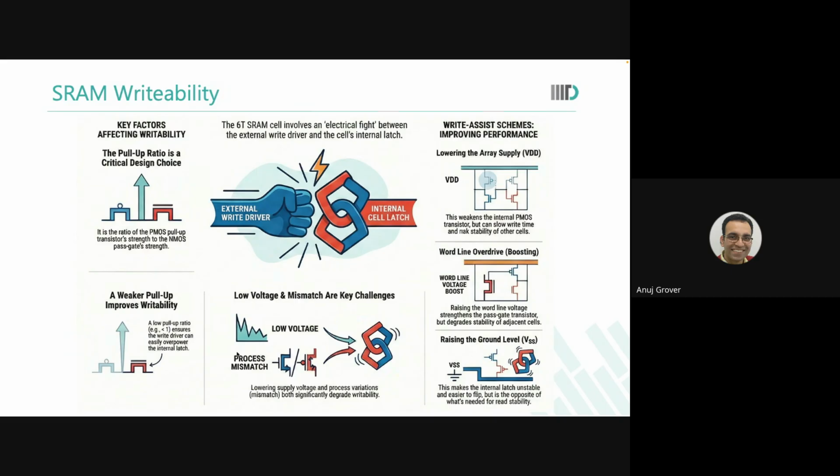You will reduce leakage, yes. But everything else will also change, right? Because it is VGS minus VT that all these equations, the saturation equations, are dependent on. Is that okay? Any more questions?